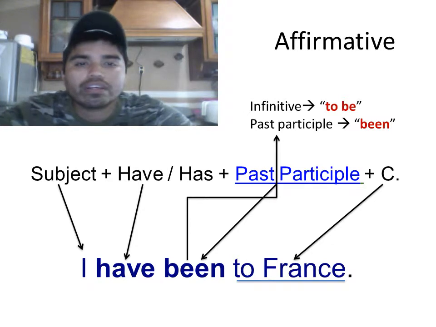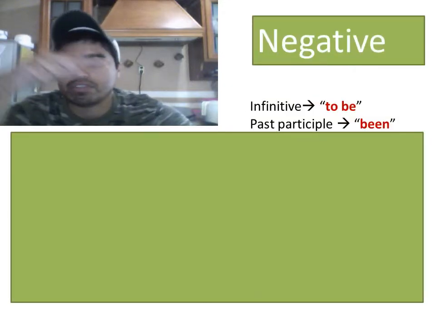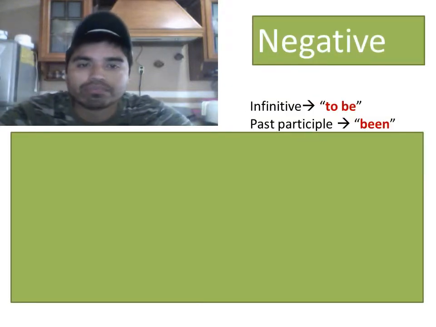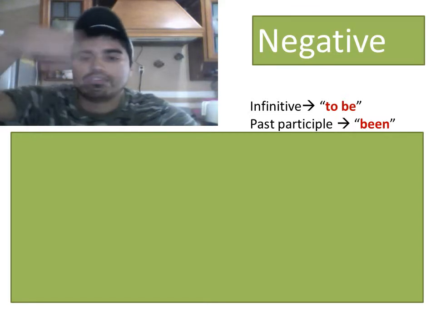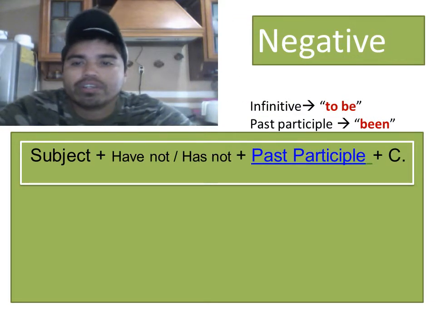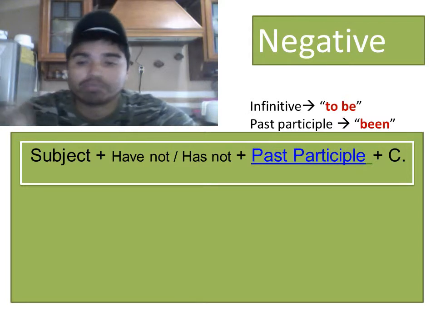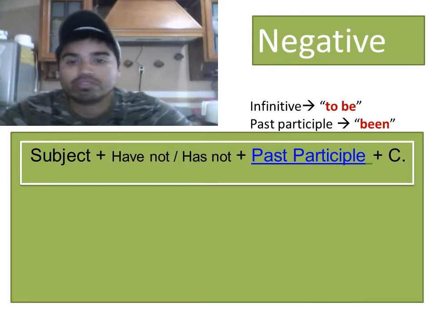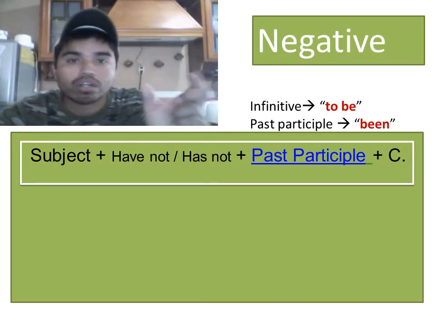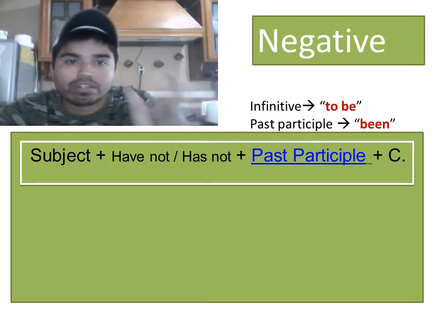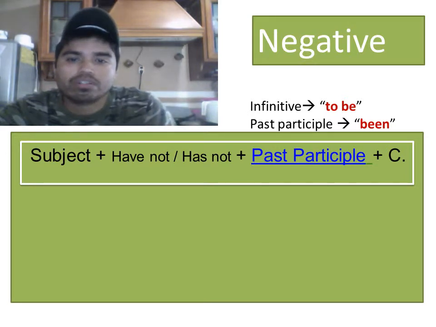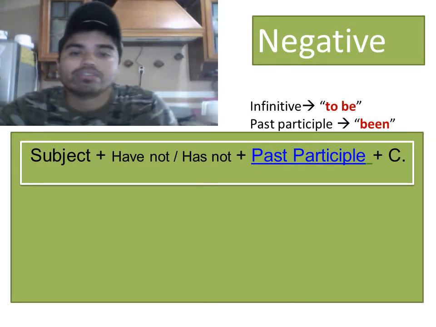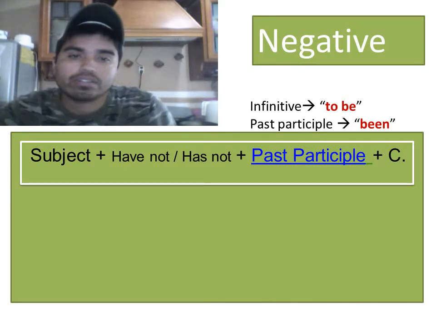All right. Now we're gonna see another example, but this is in the negative form. This is the formula that we're gonna use, and it starts with the subject, plus the auxiliary have and the word not, which is gonna be the negation word, or we also can use has plus the word not.